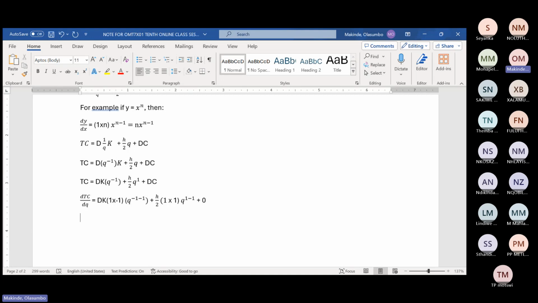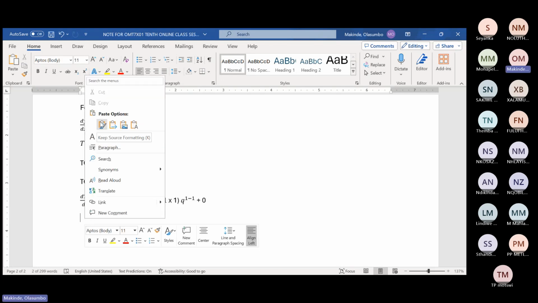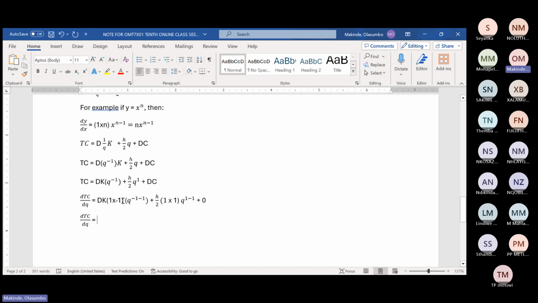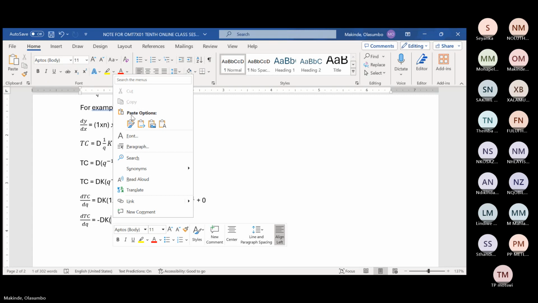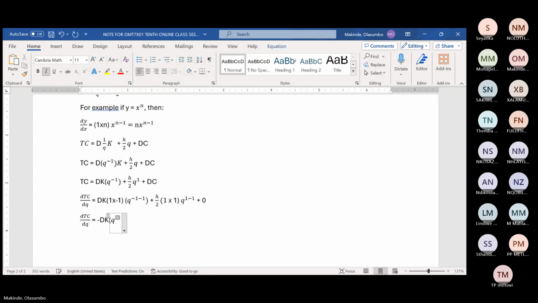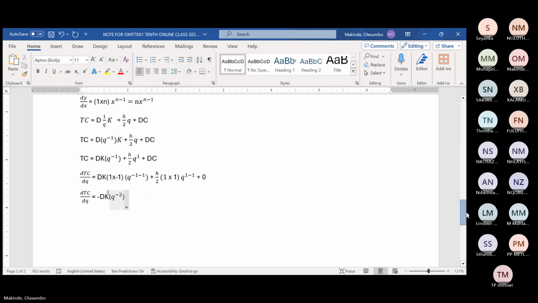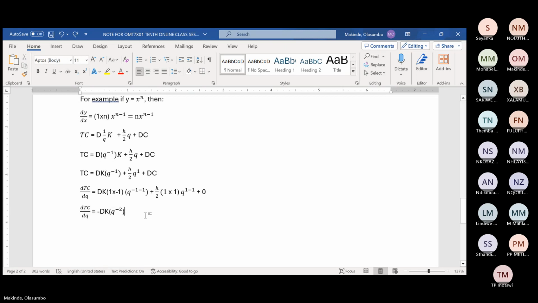Now you can simplify this: dTC/dQ would give you 1 times minus 1, so that will be minus DK, then Q raised to power minus 2, plus h over 2 times 1, which is h over 2, then Q raised to power 0.